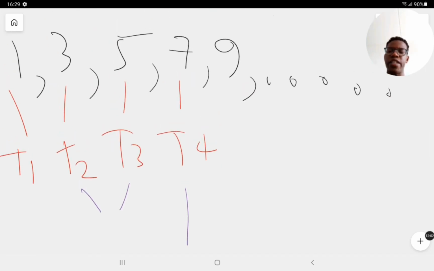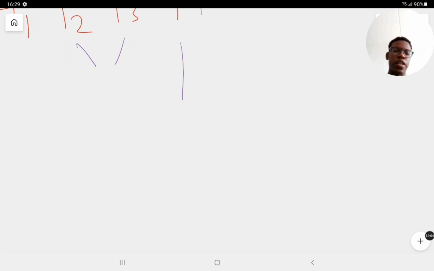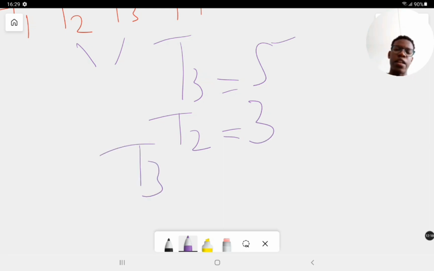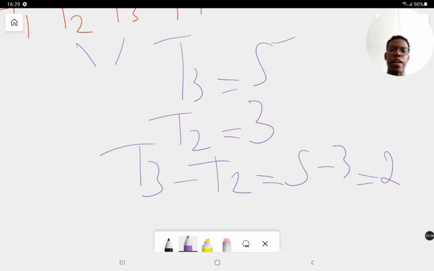T3 is 5 and T2 is 3. So the difference between the two, T3 minus T2, is equal to 5 minus 3, and that's going to give you 2. Okay, so the common difference in this case is 2.